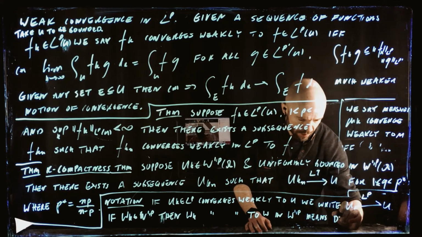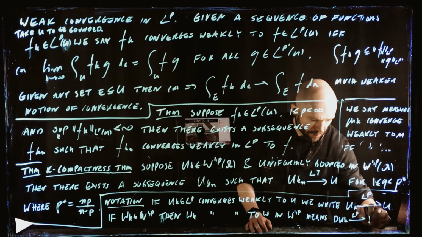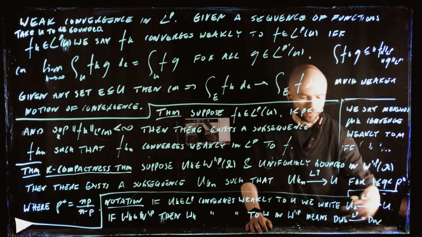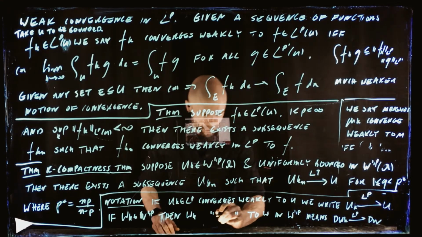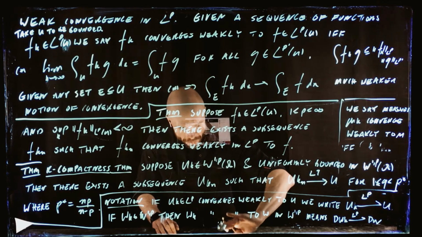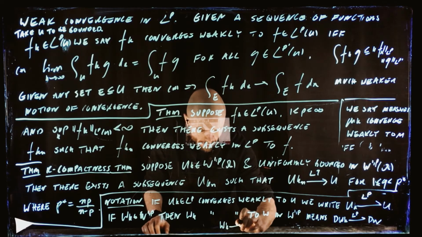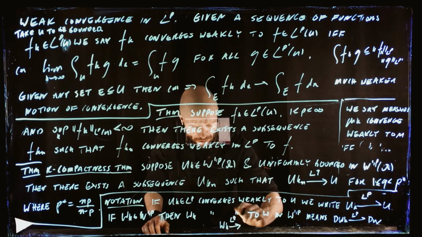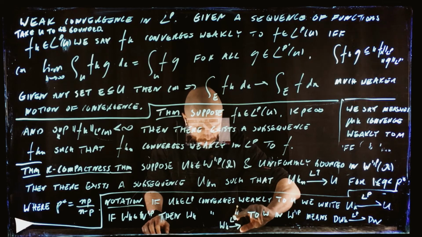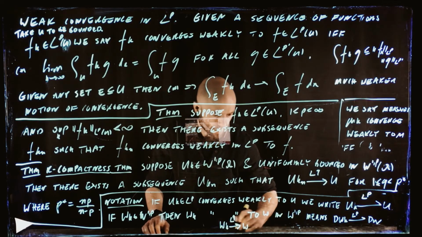So the gradients of w_k converge weakly in L^p, and the functions actually converge strongly. So a strong convergence is a full arrow, and then we write q, where q is less than the Sobolev exponent of p, like this.